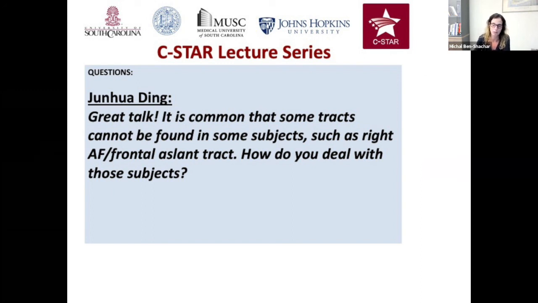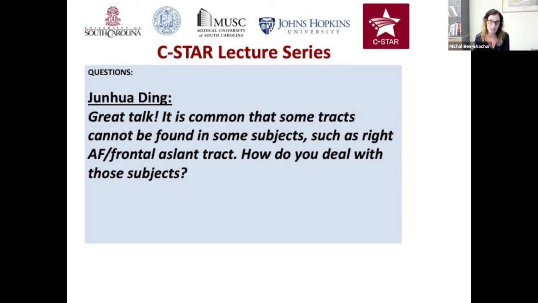However, when you run probabilistic tractography, you can find these pathways, but there are many pathways that look completely crazy. So you must start finding ways to select between the fibers that are real and the fibers that are errors, or more likely based on the data and less likely based on the data. So you run into different problems.